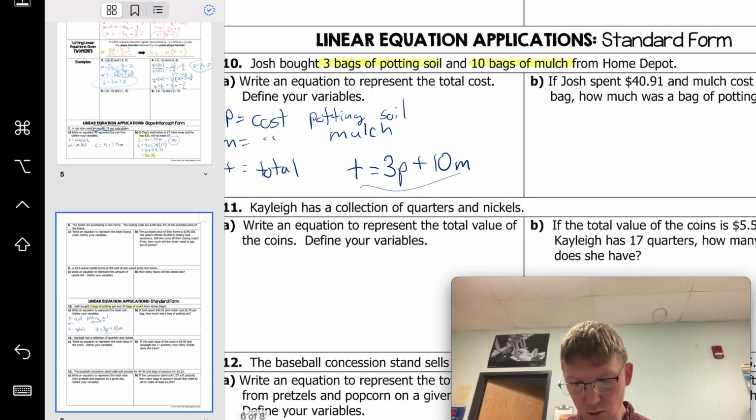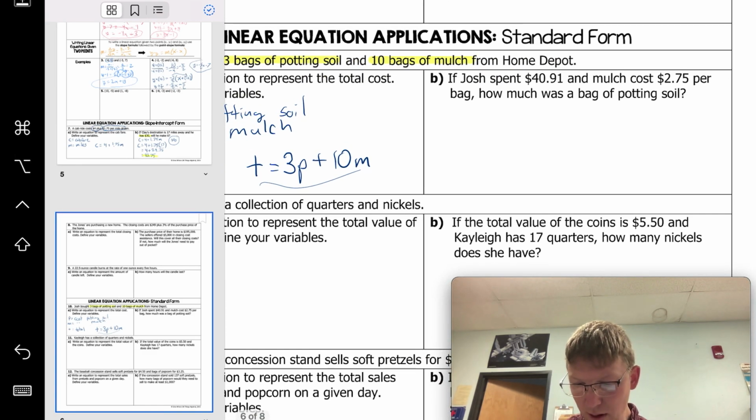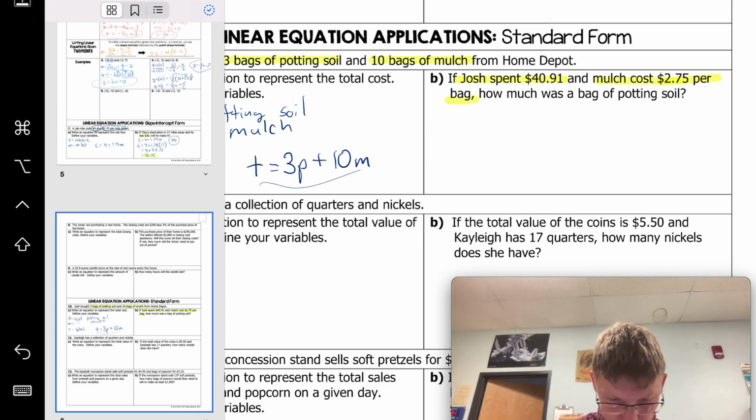So if we move over, if Josh spent a total of 40.91 and mulch cost 2.75 per bag, how much was a bag of potting soil? Okay, so they give us 2 pieces of information. This is our total. This is our cost per bag of mulch.